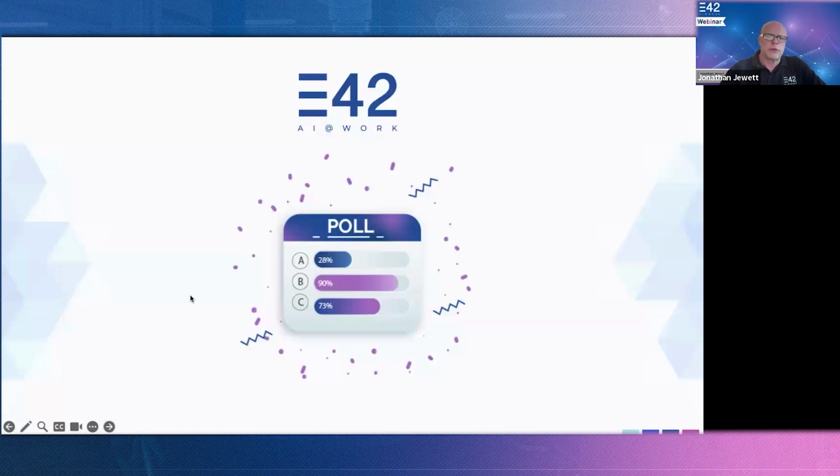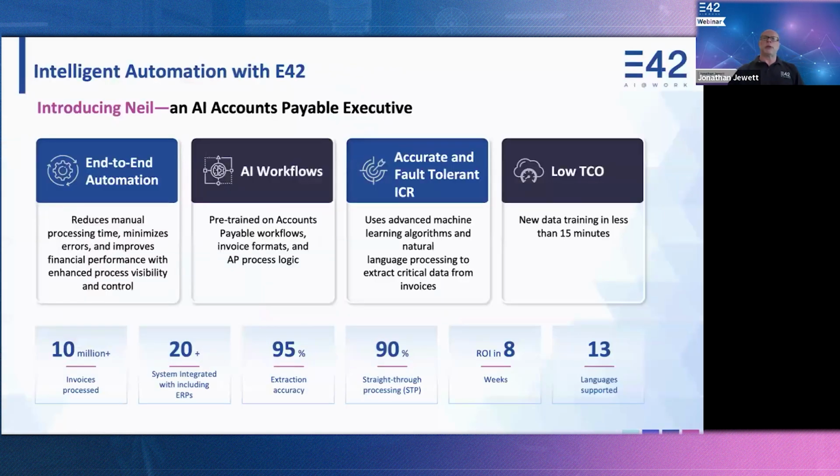Great. We're drawing towards the end here. So let me shift gears a little bit and put my E42 hat on just for a minute. What we just presented and talked about is a lot of what we see and hear in our conversations with clients and also our experience with customers when it comes to AP automation.